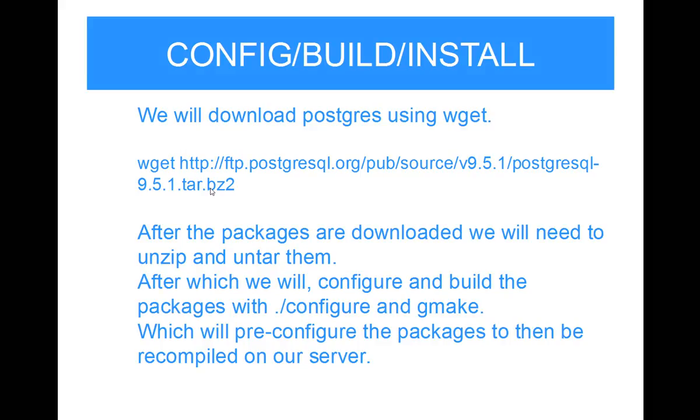So that's the gist of it. The ./configure is going to do that. And then the gmake is actually building out the packages, or setting up the packages to be installed, right? So after we do the ./configure, the next step is to do the gmake.